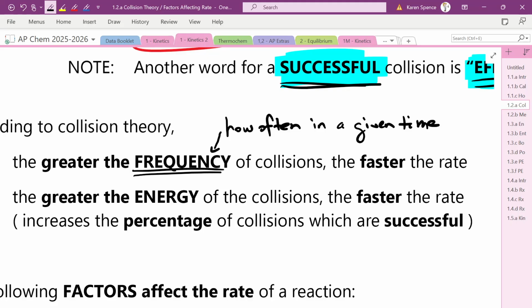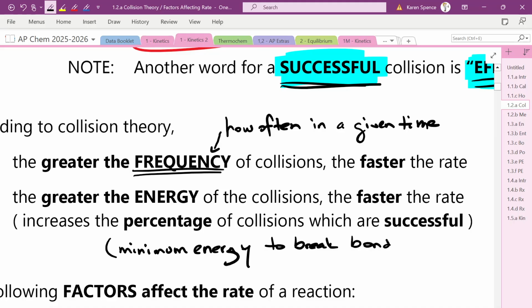So the greater the energy, the more likely you're going to have that. Every bond has a different amount of energy, so there's going to be a minimum energy needed to break those bonds. So the greater the energy of collisions, the faster the rate.